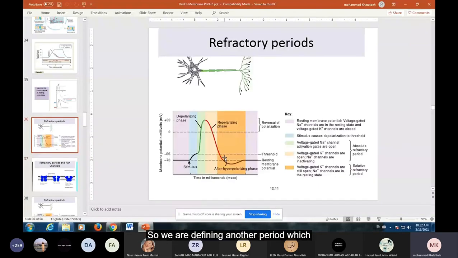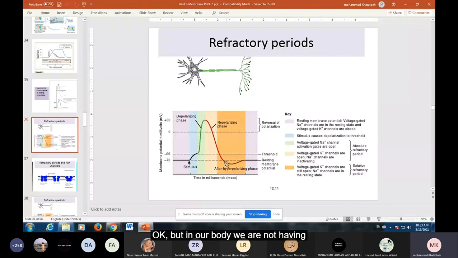So we define another period, called the relative refractory period. That is the difference: during the absolute refractory period, you will not get a new action potential generated by stimulation; during the relative refractory period, you may get a new action potential if you apply a very strong stimulus.